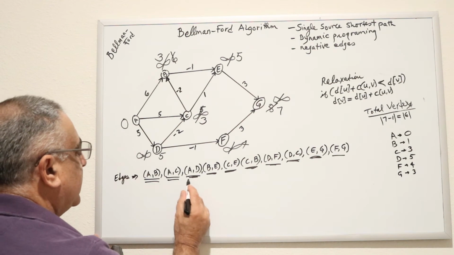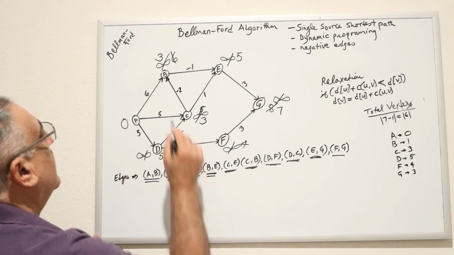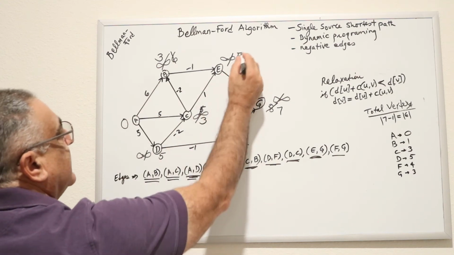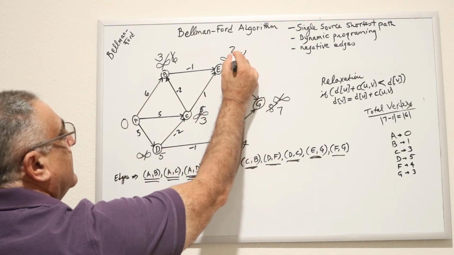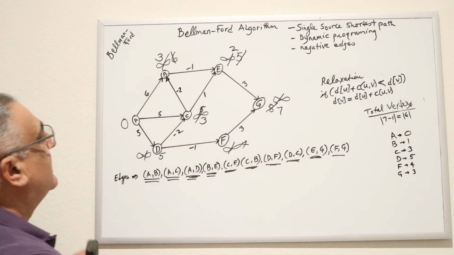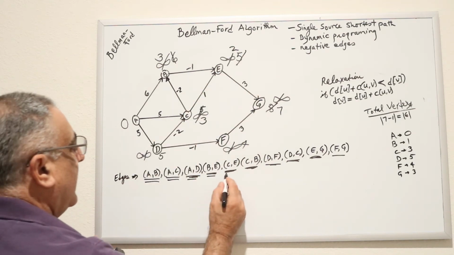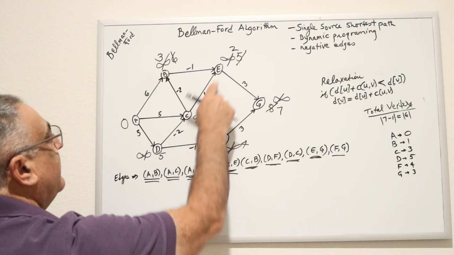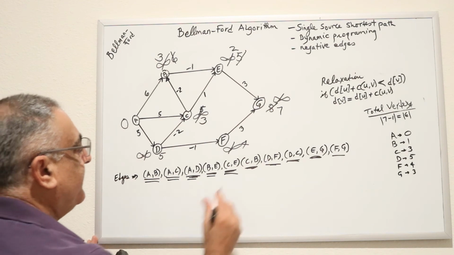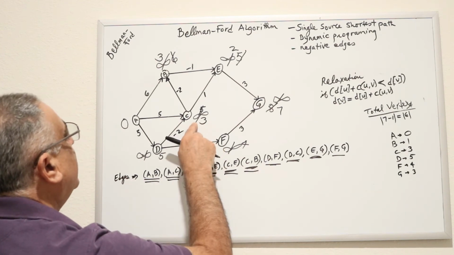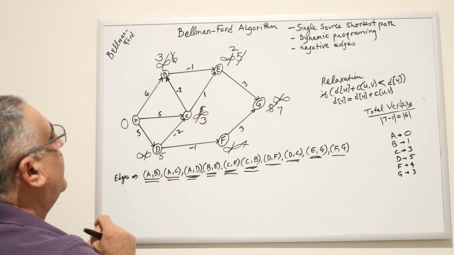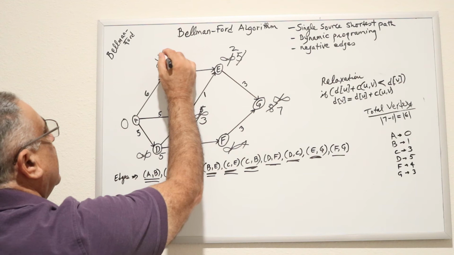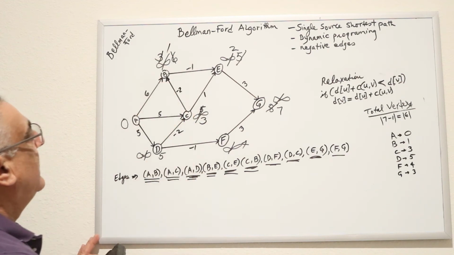How about B to E? 3 plus negative 1, that's a 2, so it's better than 5. Okay, how about C to E? 3 plus 1, 4, well 2 is better, leave it. C to B. 3 plus negative 2, so that's a 1, that is better than 3.